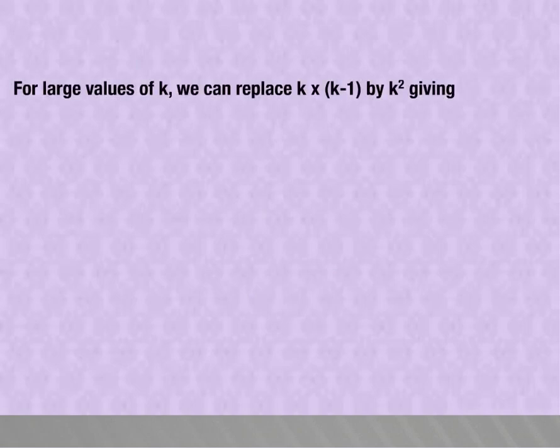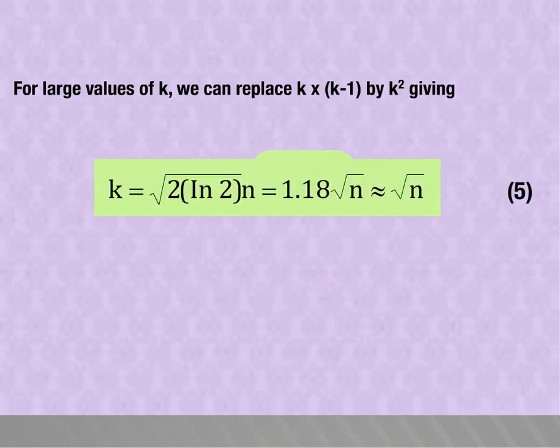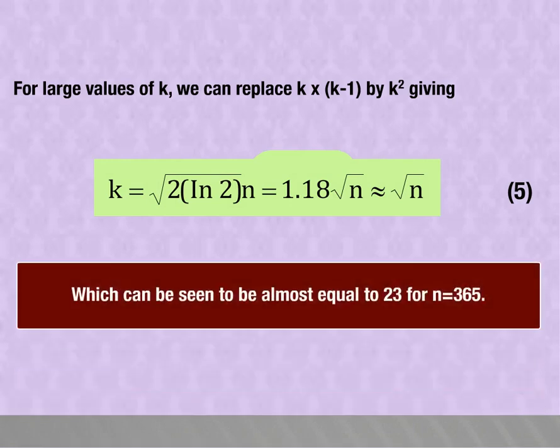For large values of k, we can replace k into (k minus 1) by k square, giving k is equal to square root of 2 into ln 2 into n, which is equal to 1.18 square root of n, which is equivalent to square root of n, which can be seen to be almost equal to 23 for n is equal to 365.